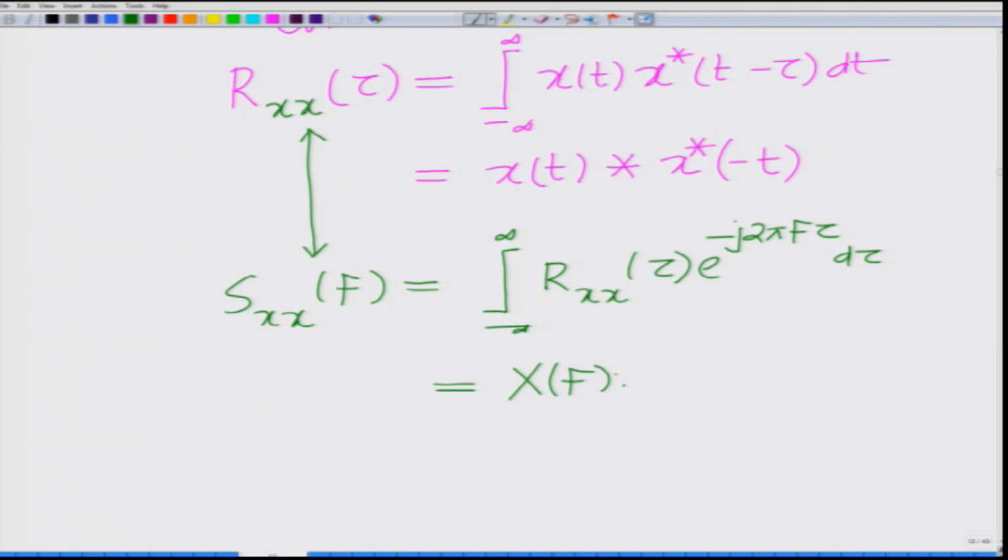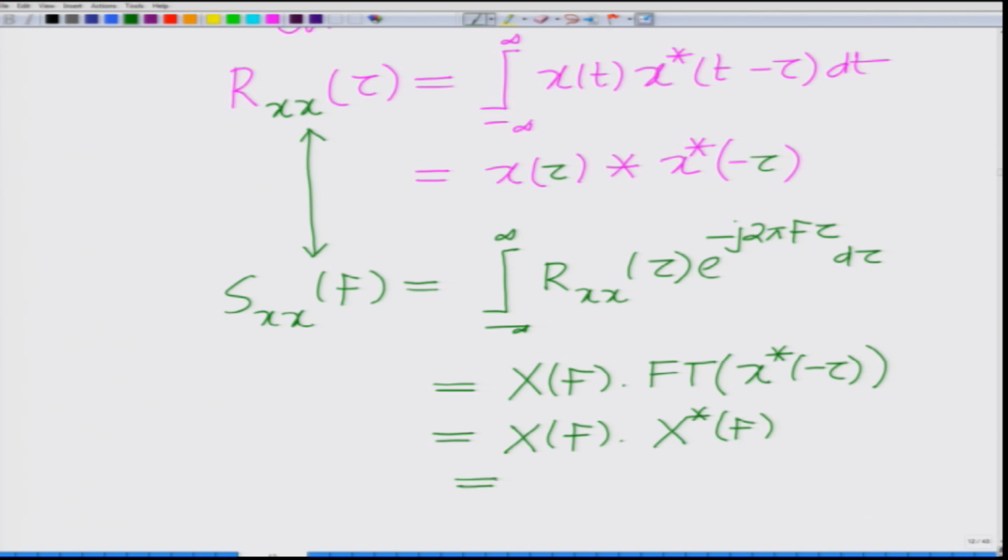Remember, convolution in the time domain is multiplication in the frequency domain. So this is X(f) times the Fourier transform of x conjugate of minus tau, and we have shown the Fourier transform of x conjugate of minus tau is nothing but X conjugate of f.